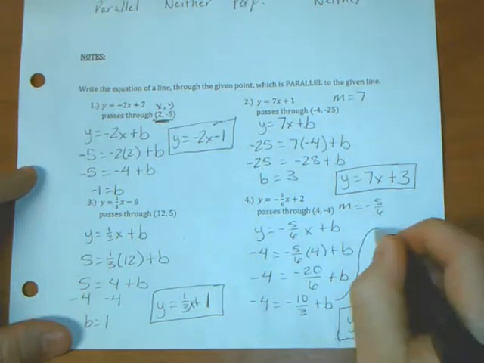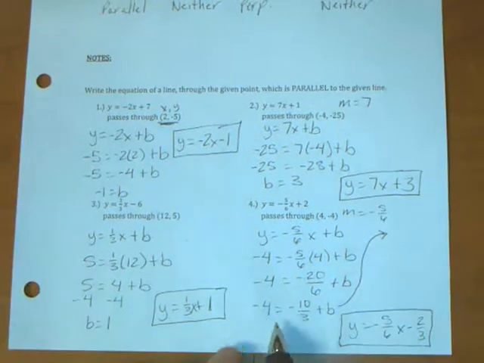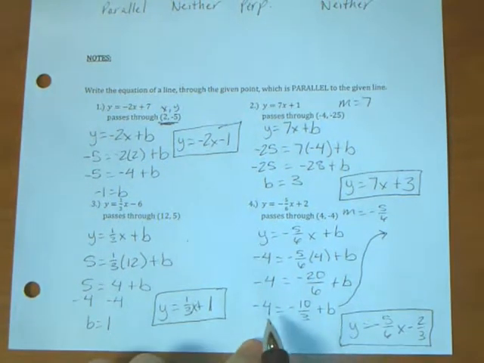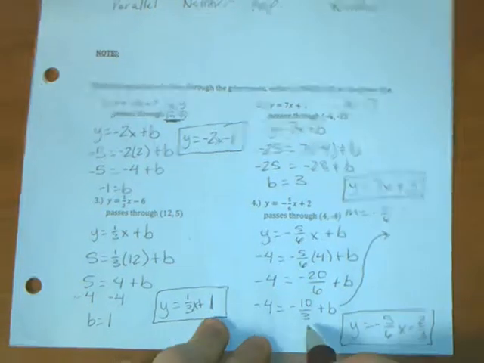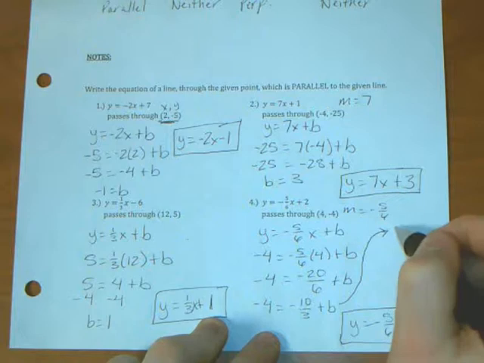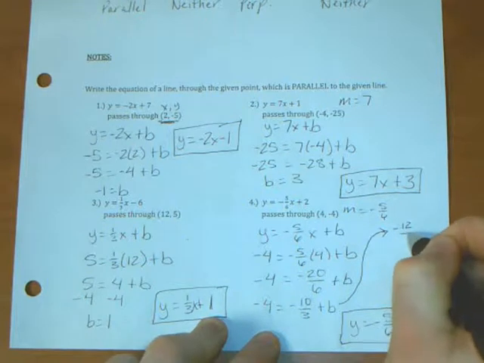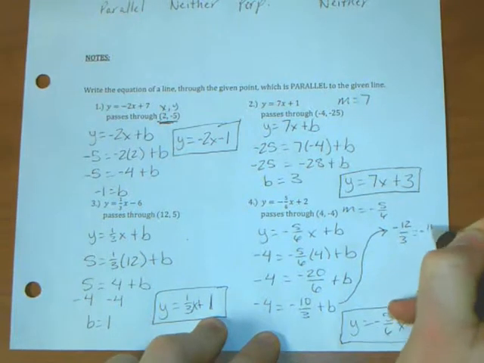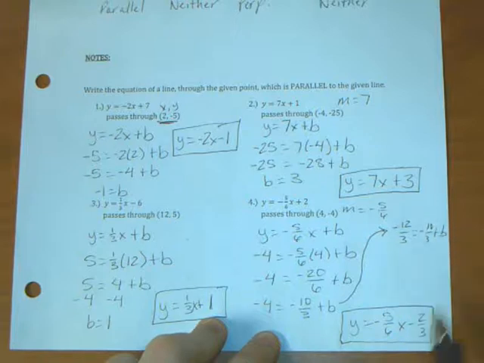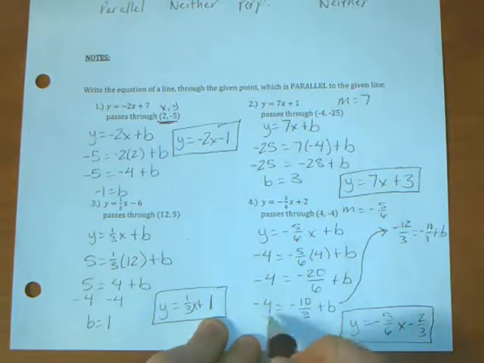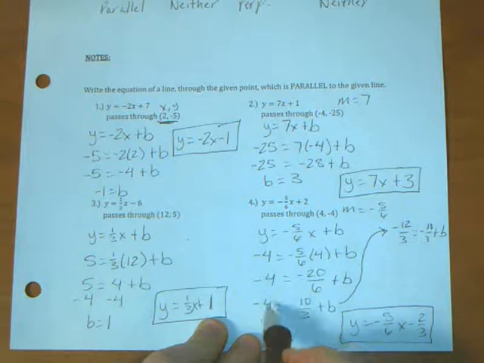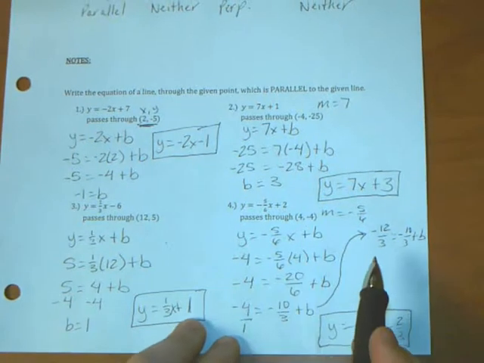I'm going to make negative 4 have a 3 in the denominator, so this should be negative 12 over 3 equals negative 10 over 3 plus b. I made this a fraction, negative 4 over 1, and I wanted a 3 in the denominator, so I multiplied by 3 on the top and bottom. So it became negative 12 over 3.